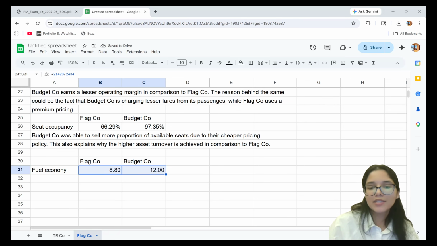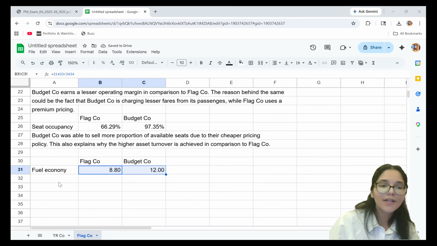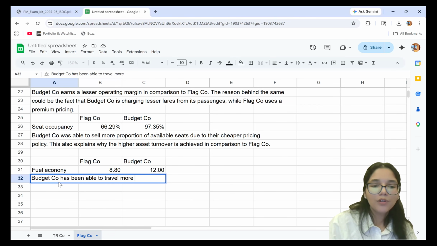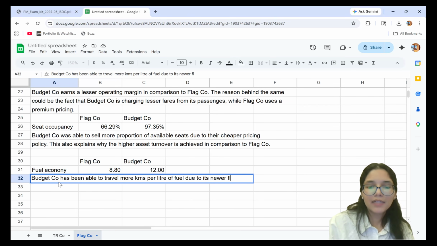So we can give the reason for this also. We have linked it very well to the scenario now. We can say, budget company has been able to travel more kilometers per liter of fuel due to its newer fleet of aircrafts.